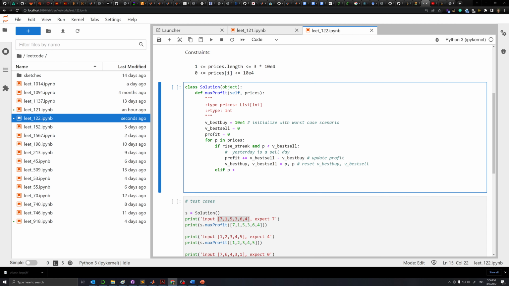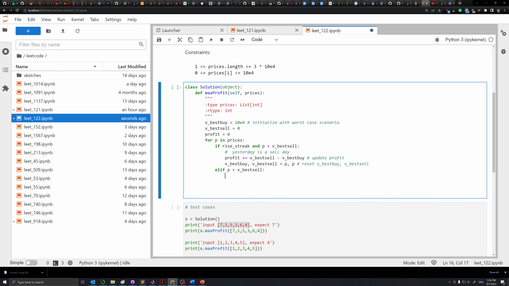Well, previous sell value, right? V best sell. If this is the case, we also reset this, but we don't update our profit.